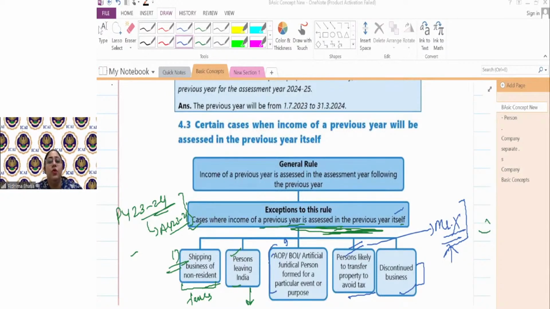So Anil, how do you qualify for a person is likely to transfer property to avoid tax? Suppose against a person there is now a tax liability of say 500 crores, and we know that the person might transfer a property so that the government may not confiscate that property to recover taxes.